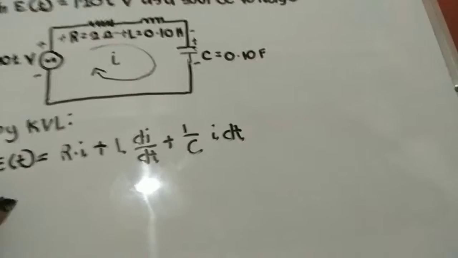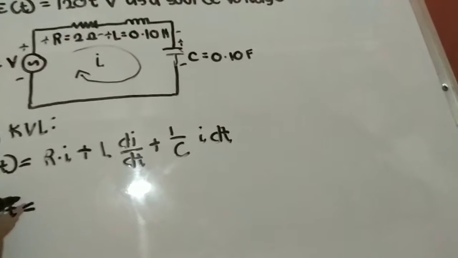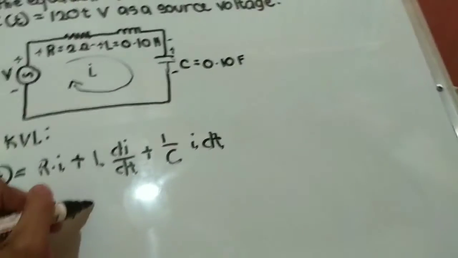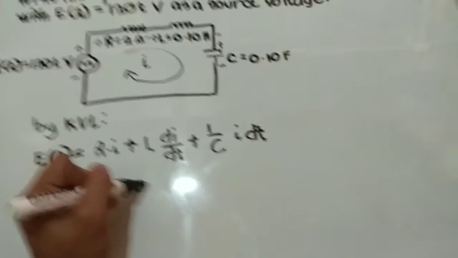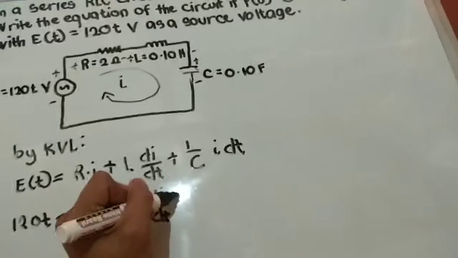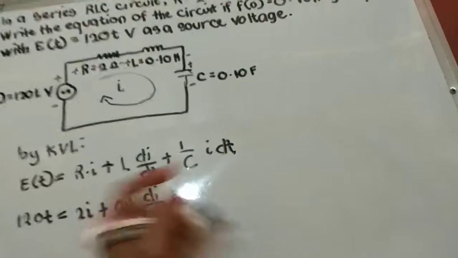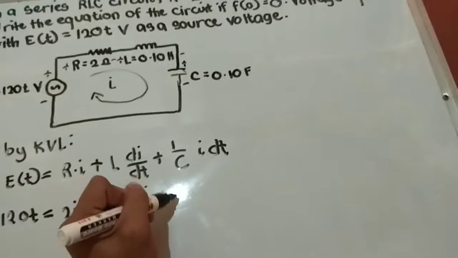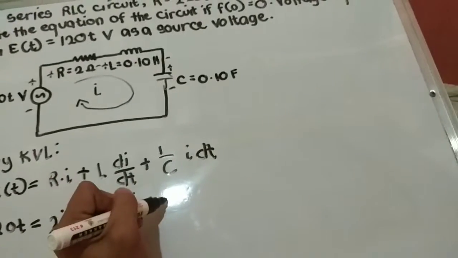So 120t is equal to 2i plus 0.1 di over dt plus 1 over C, so 1 over 0.10 is equal to 10, integral of i dt.